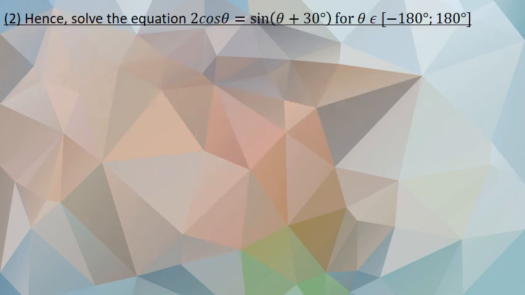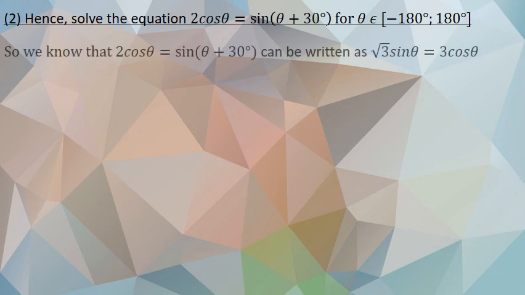Now we are required to solve the equation 2 cos theta equals sine of theta plus 30 for theta. The word hence means use the information or the outcome of the previous question.